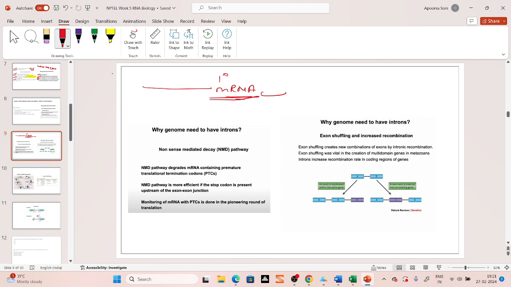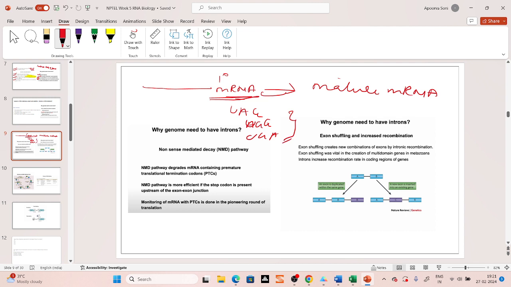Now, because introns are present, any mRNA after undergoing maturation becomes a mature mRNA. If this primary transcript has premature translational termination codons, that means termination codons, that is UAA, UAG, and UGA.